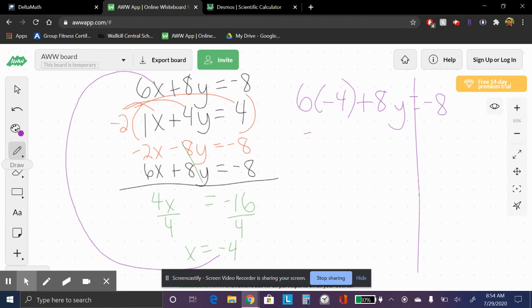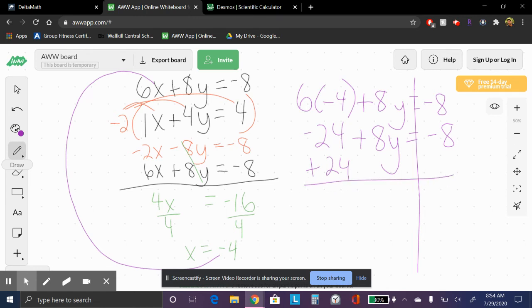So you have negative 24 plus 8y is negative 8. Add 24 to both sides, and you get 8y is 16. Divide both sides by 8, and you get y is 2. So my solution is negative 4, 2.